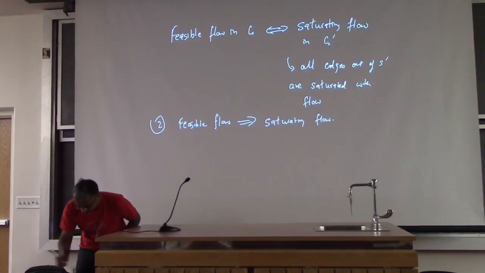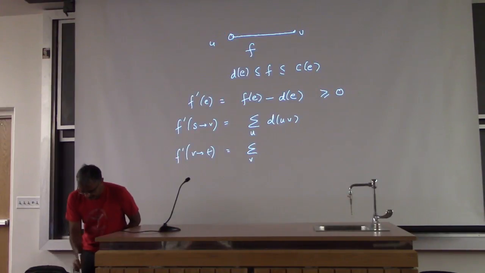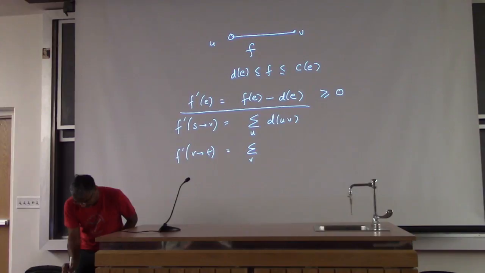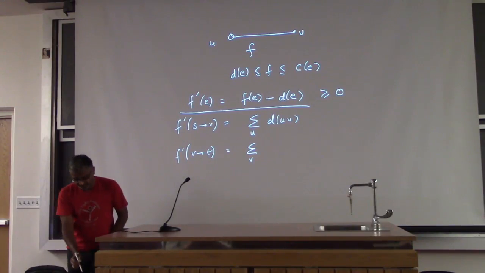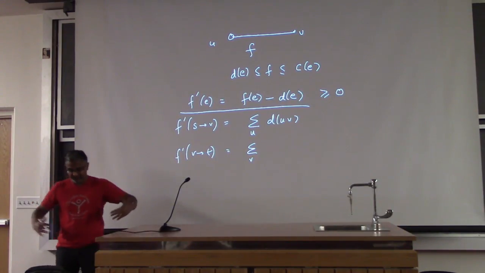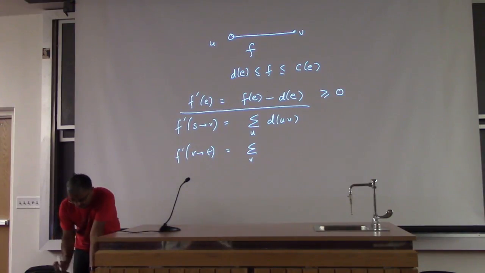So now what I'm going to say is that I have my flow on the edge, I keep this. This is the same as before. So now the total flow going from S to V is the sum of all the flows of things going in, which is now consistent with what I said before, because this is the end point.